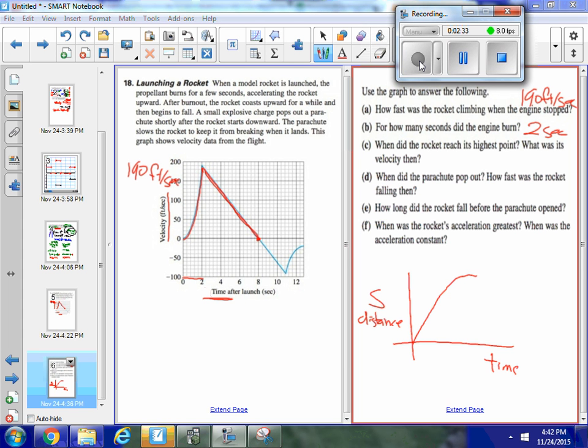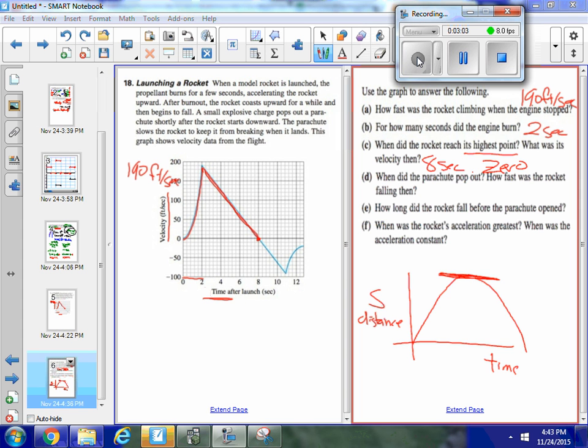And if you think about how a rocket would go up, it might go straight up, and it might go to this side, but it would take the shape of a parabola. So it's when the velocity hits 0 that I've reached its highest point. And that was at 8 seconds. And as we said right here, its velocity, its slope, was 0.